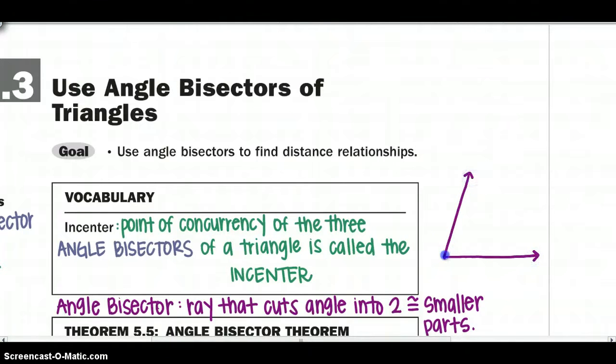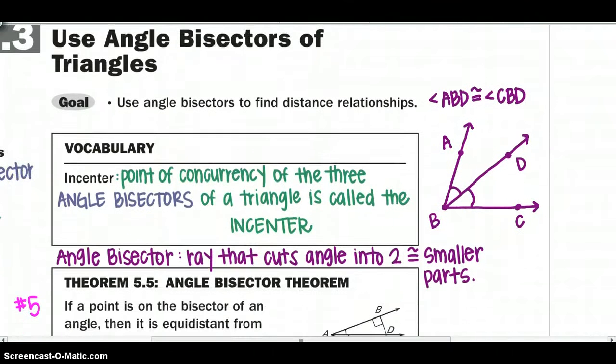So if I have an angle ABC, my angle bisector is going to be a ray that cuts this angle and makes that side congruent to that side. So an angle bisector makes angle ABD congruent to angle CBD. So just a little refresher, and we're going to learn more about what that angle bisector does and tells us.